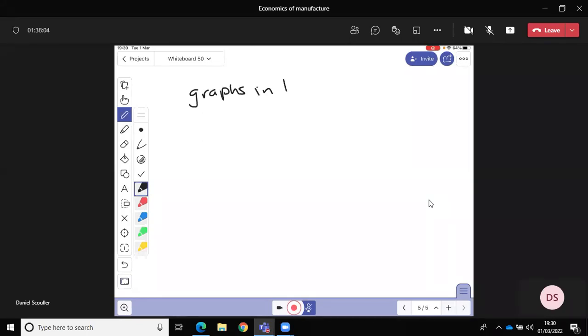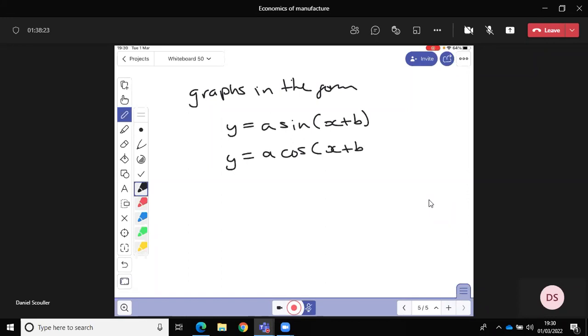Graphs in the form y equals a sine bracket x plus b, and y equals a cos bracket x plus b.